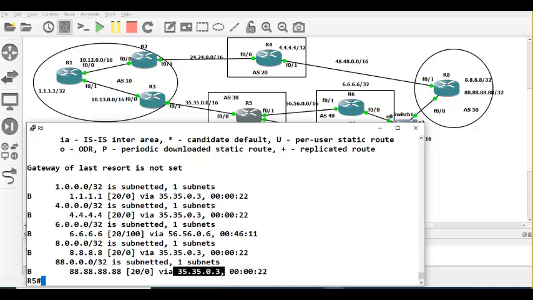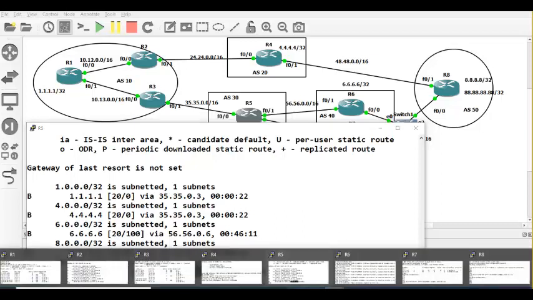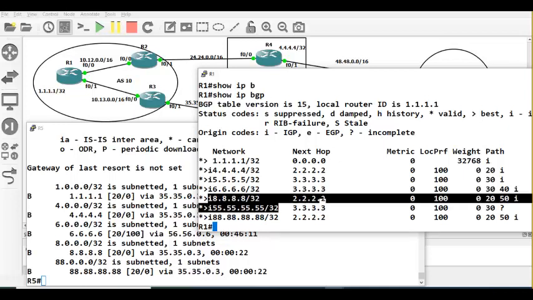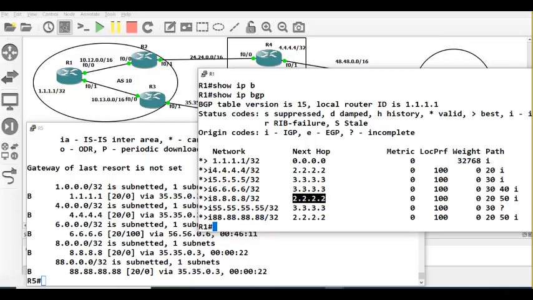Now let me go to router 1. Earlier router 1 was having routes like this. For 888 it was not showing 333, but now, boom. Okay, even 5 is going to router 2. So there won't be any change here.